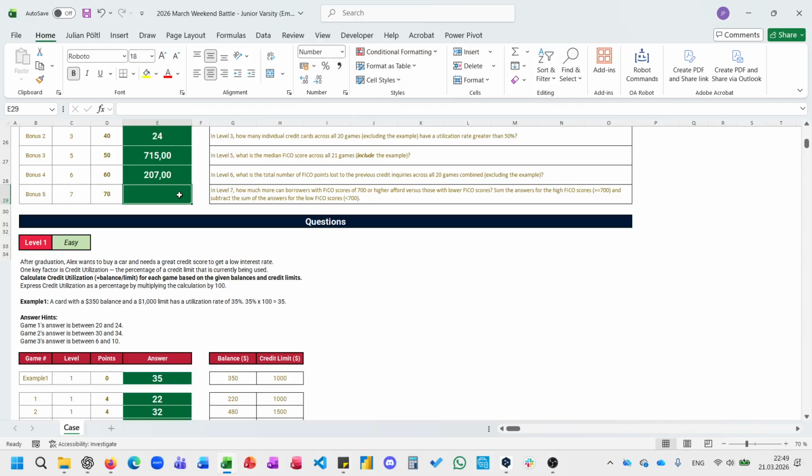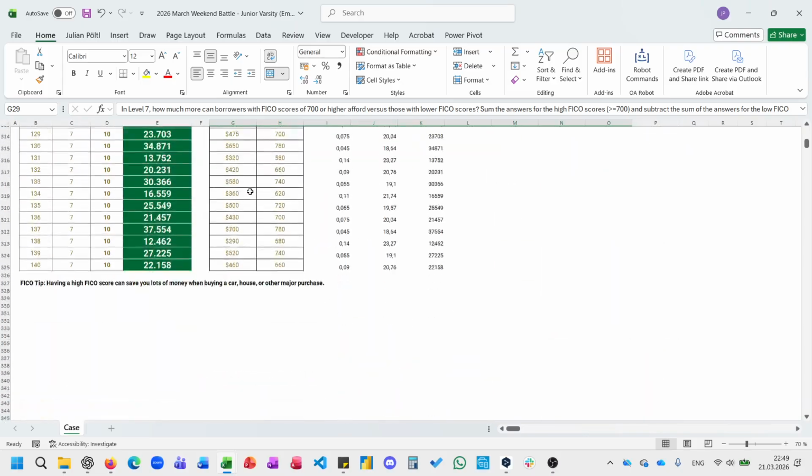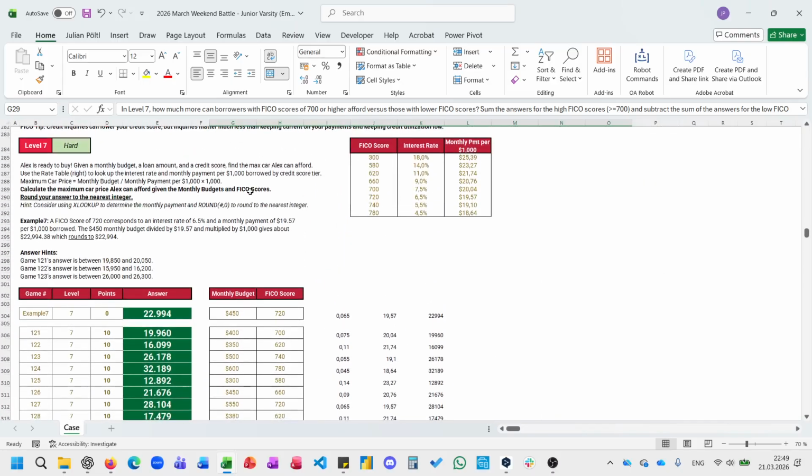In level 7, how much can a borrower with FICO score 700 or higher afford versus with lower FICO scores? Okay, is it level related? I'm not understanding it. 100%.